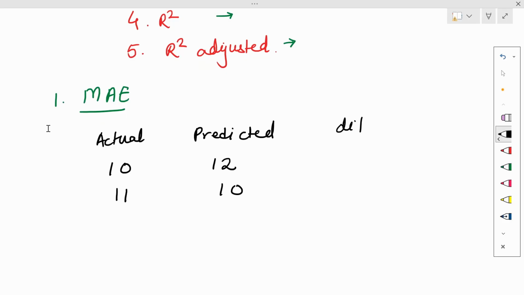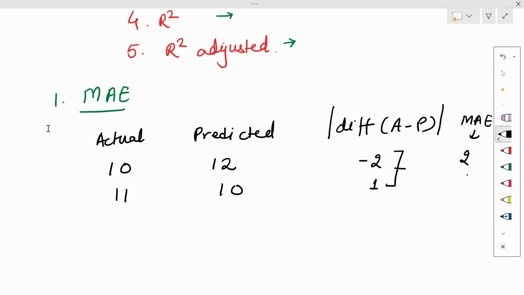In this case, the difference between these two, if we do actual minus predicted, is -2 and 1. So we got the difference in two different directions. Mean absolute error will take the modulus of this value and that will be treated as MAE. So it will be 2 and 1.